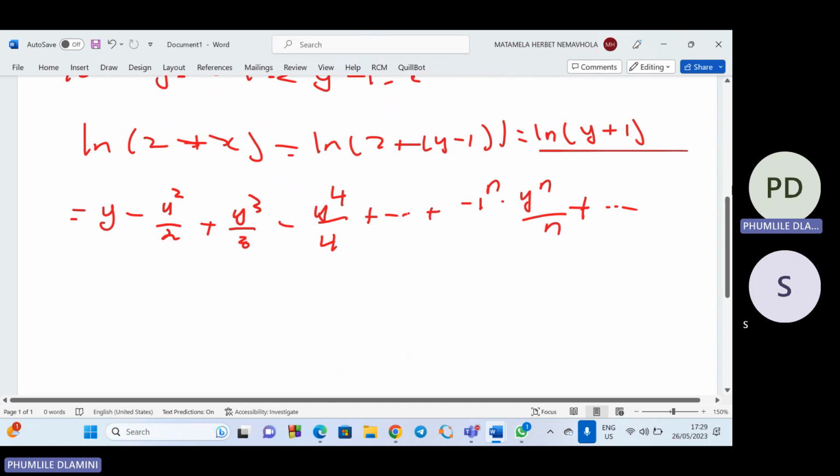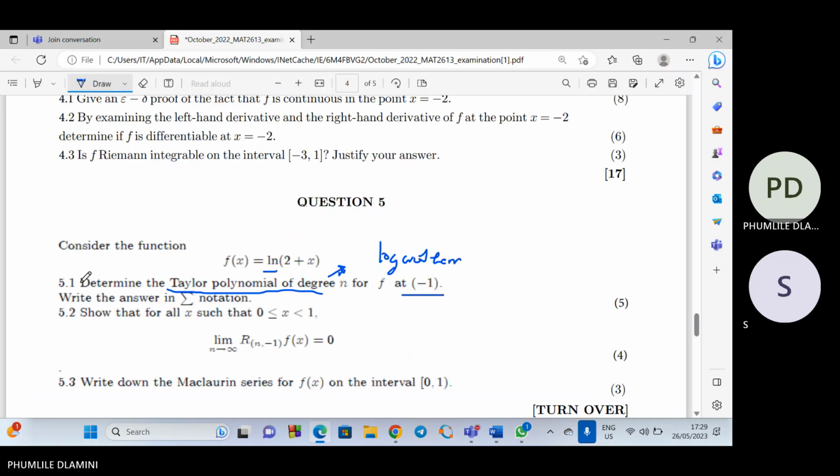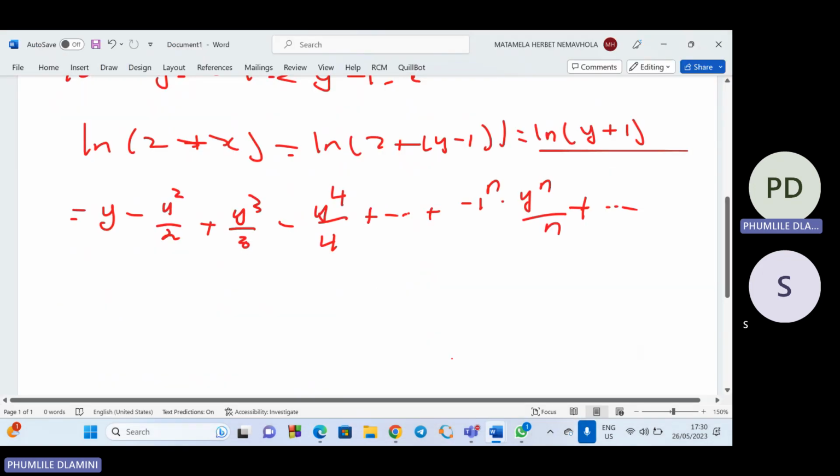Now we have written this in the form of Taylor. The question stated that we determine the Taylor polynomial of degree n for f at -1, which we have just done. It also says to write the answer in sigma notation, so we haven't answered that yet. Now we have to convert what we have there into sigma notation.